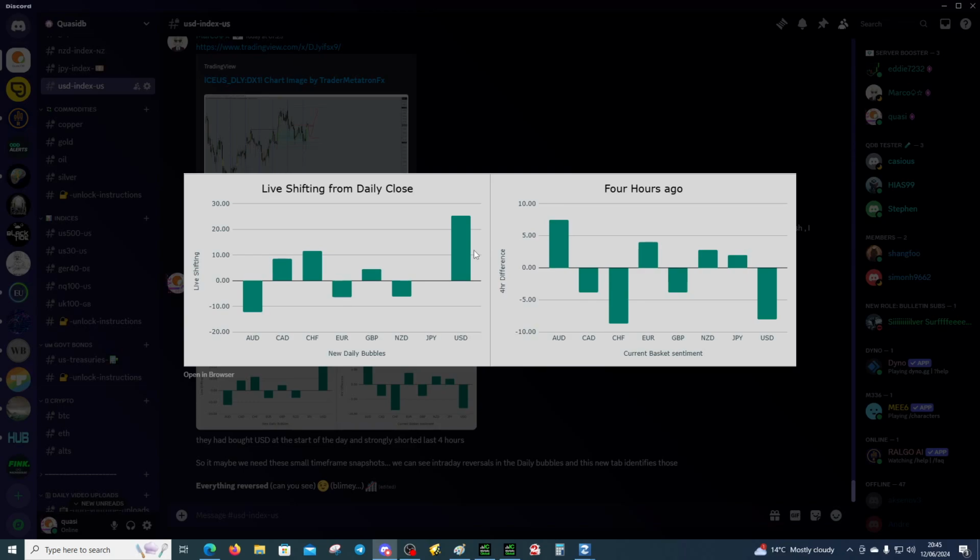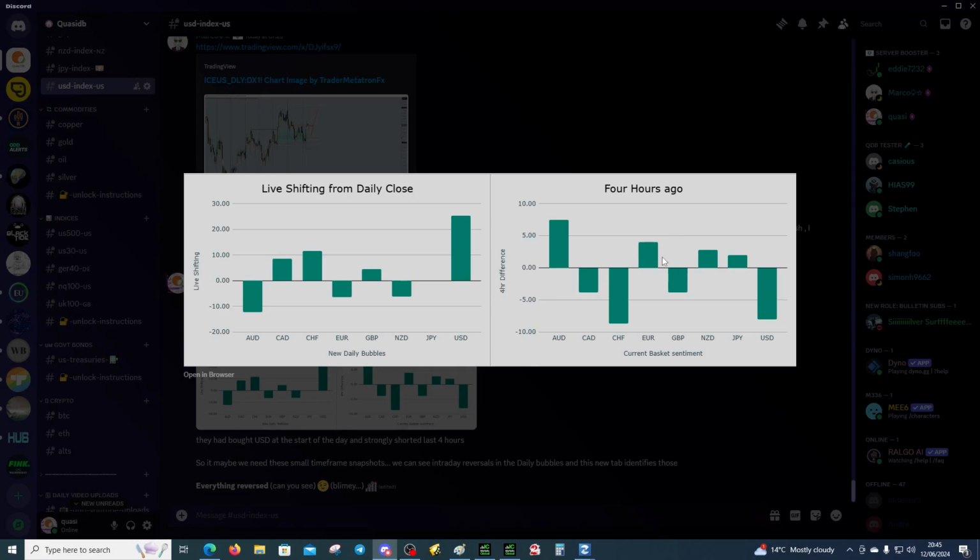Obviously we had that data out, it's really important data, but it also goes to show how powerful the sentiment is. One thing you may note, can you see something in between the two data that you can see? Nothing is respecting what the daily close suggested. So we've got reversal on Aussie, CAD, Swiss, Euro, Pound.